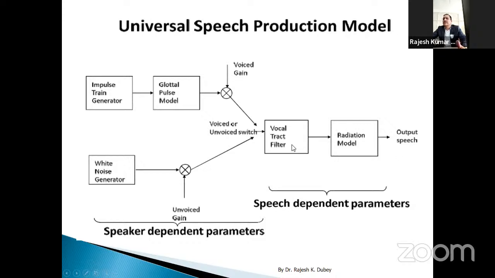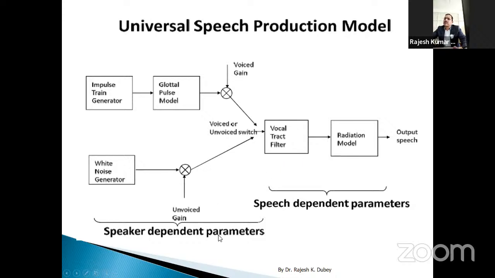This is our complete speech model. The first part, up to here, where just vocal cord vibration information is there, we call speaker dependent parameters, because vocal cord vibration, that is fundamental frequency, varies from speaker to speaker. The other parameters, like formant frequency and lip radiation, are speech dependent, depending on what you are speaking.